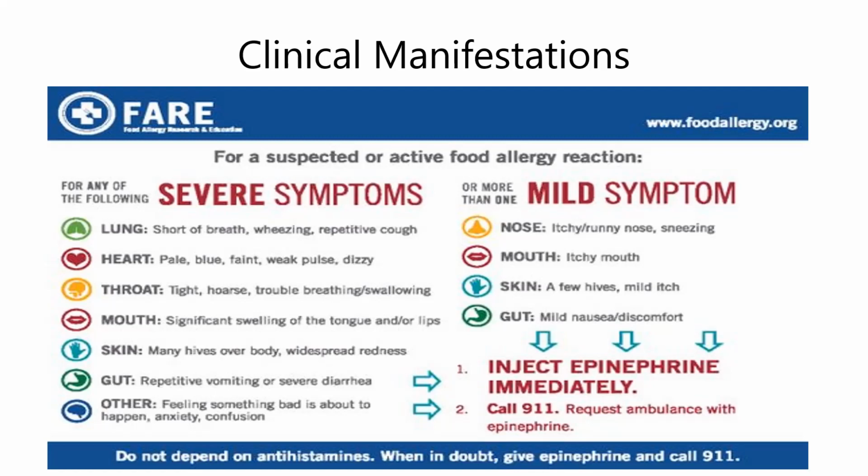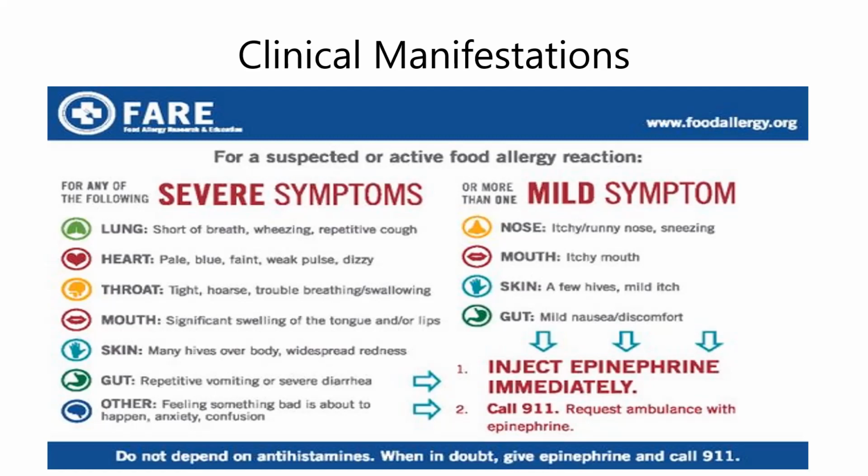So here, let's put on our thinking caps. Would you give somebody who's having trouble breathing and swallowing a PO medicine? Absolutely not. In these severe symptoms, their mouth can have significant swelling. We'll see pictures shortly with the tongue and or lips.